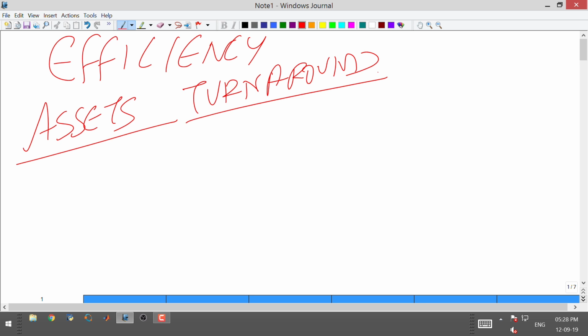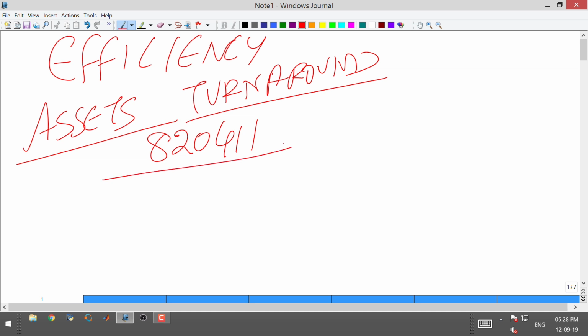Let us say the sales in this particular company is 820,411. All that I am trying to do is see how many times the average fixed assets I have make up my sales.